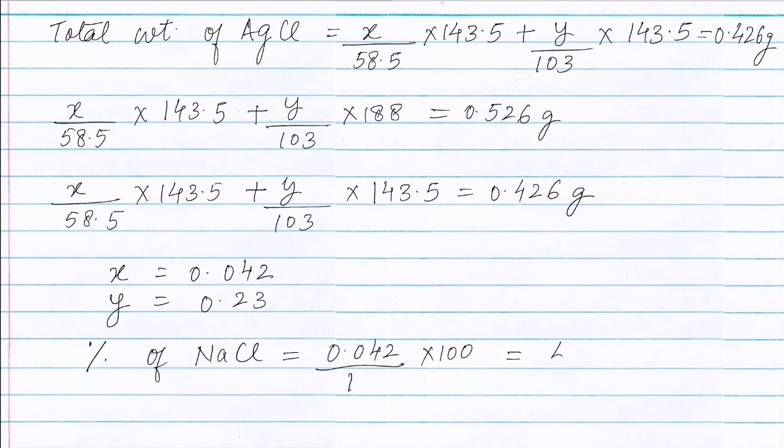This is equal to 4.2%. And y is the weight of NaBr, therefore percentage of NaBr will be equal to weight of NaBr, that is 0.23 grams, divided by total weight, that is 1 gram, into 100, and this is equal to 23%.